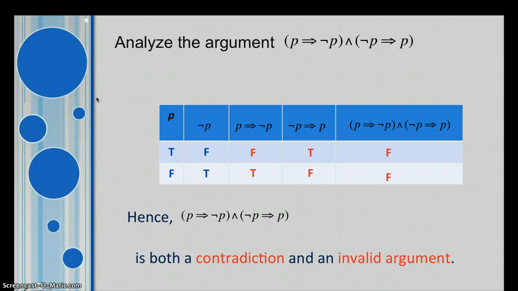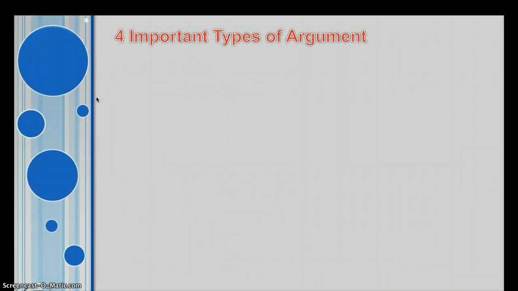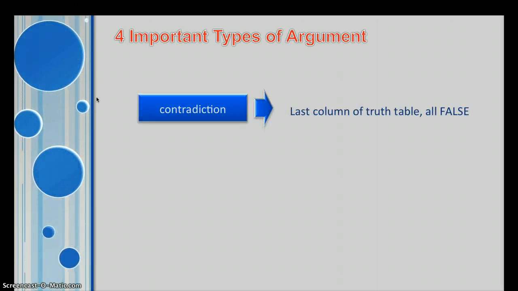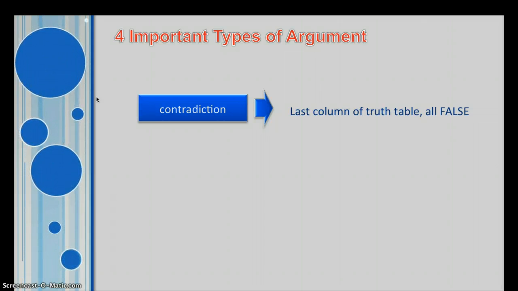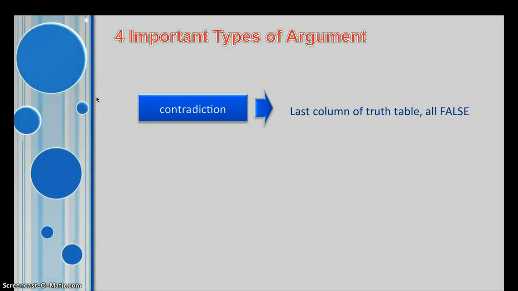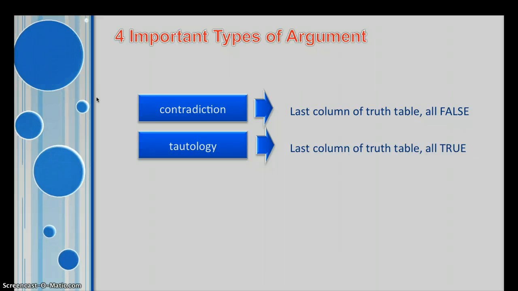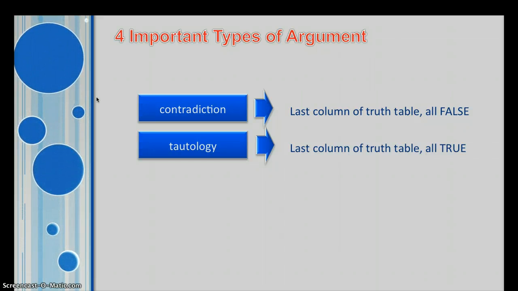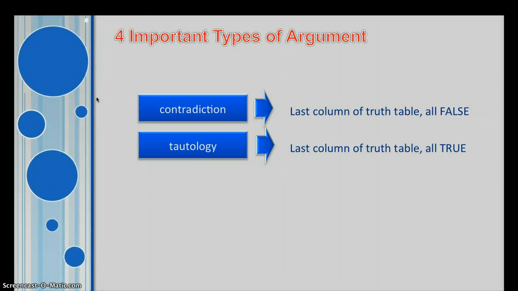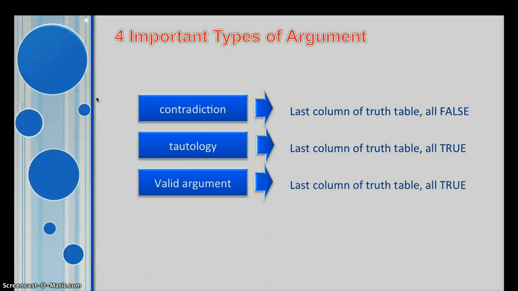Let's check the different types of argument before we move on. The first one, which we already talked about, is contradiction. When you're looking at the truth table, the last column should contain all false. The second one is tautology. The last column of your truth table should contain all true statements.